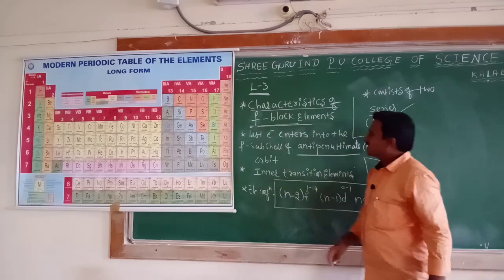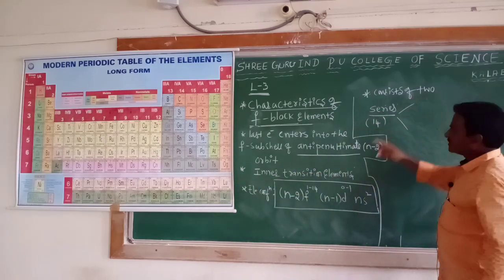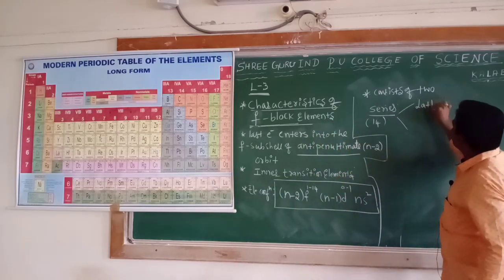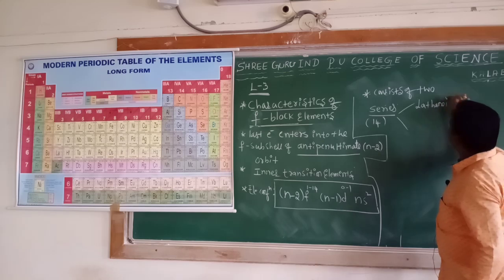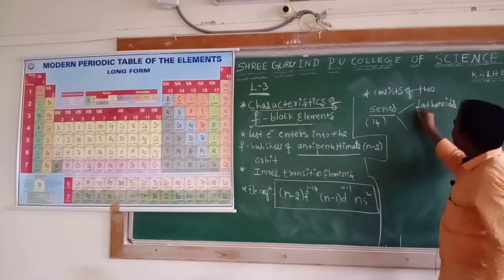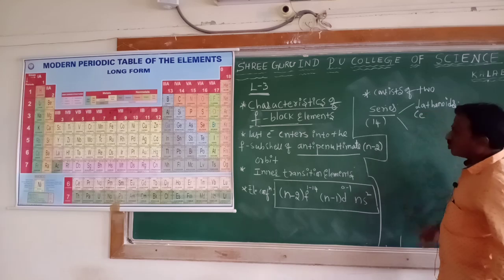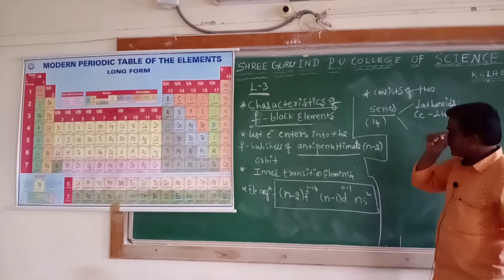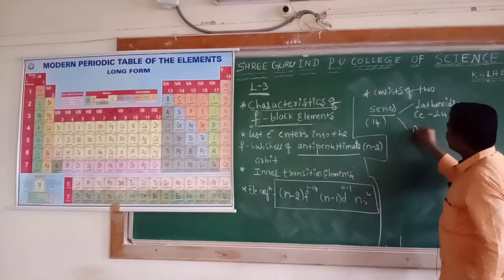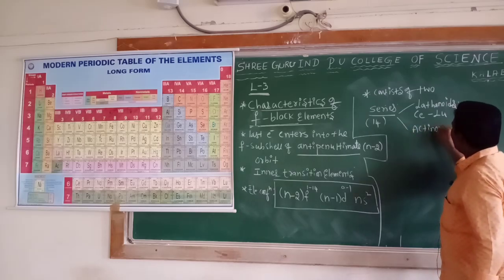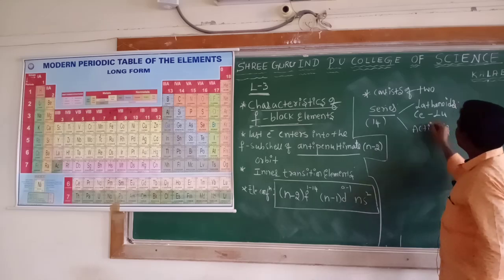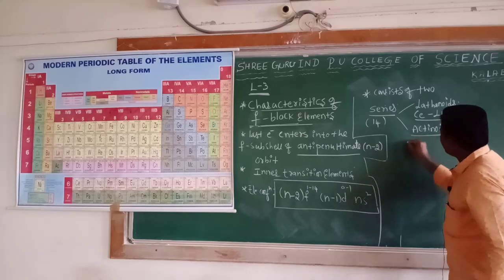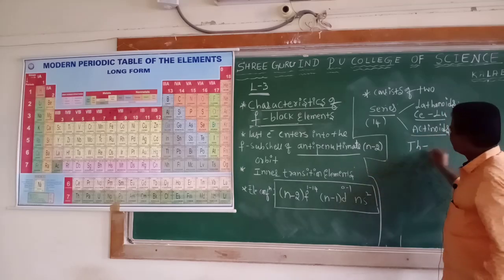The first series of the f block elements is called lanthanoids. The 14 elements are from cerium to lutetium. The second series of the f block elements is the actinoids, from thorium to lawrencium, Lr.